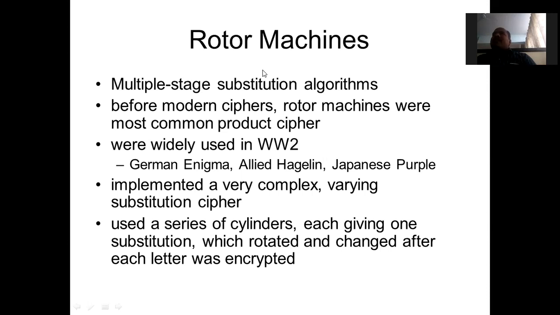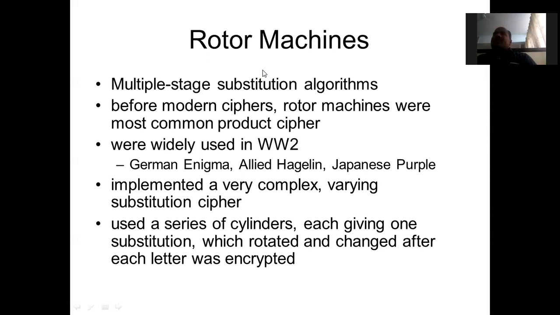Before modern ciphers, rotor machines were the most common product cipher, and they were widely used in World War II, for example the German Enigma, the Allied Typex, and the Japanese Purple.